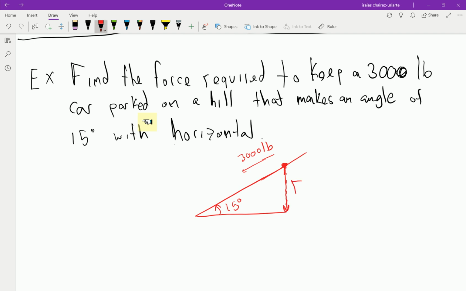I'm going to call it force F, because I have no idea what it is, and this is going to make a 90-degree angle right there. And it's this force right here that's keeping my vehicle in place. So this line down here is what's keeping the car from rolling down the hill. So let's say that F is the force keeping the car from rolling downhill.